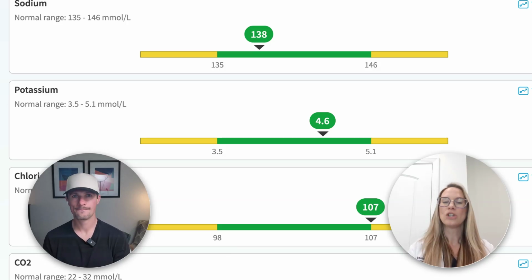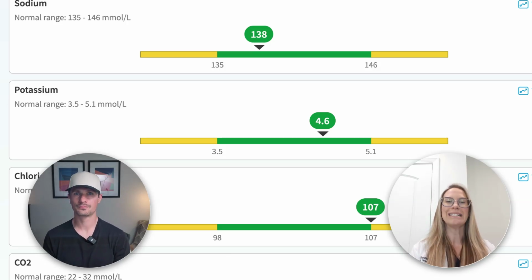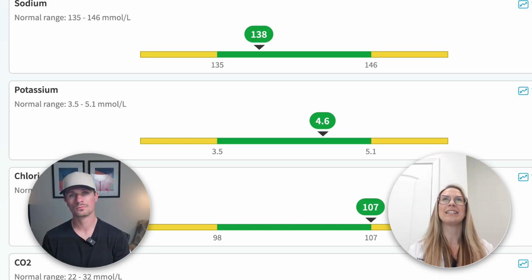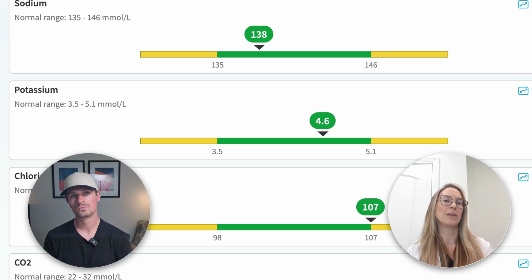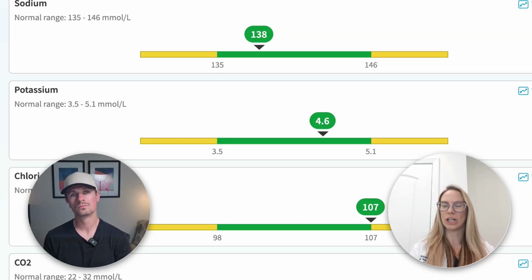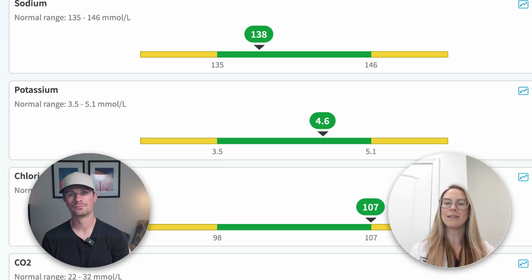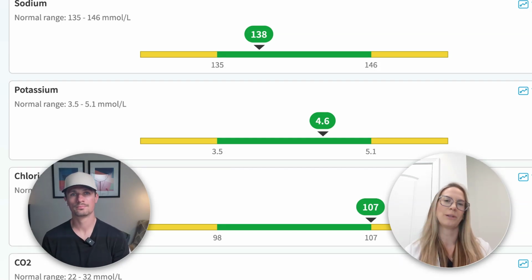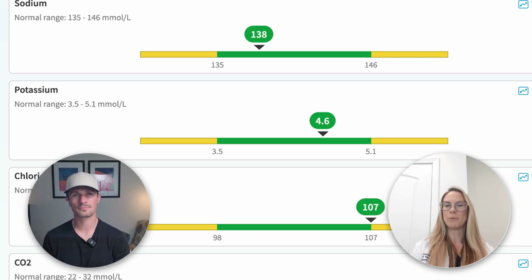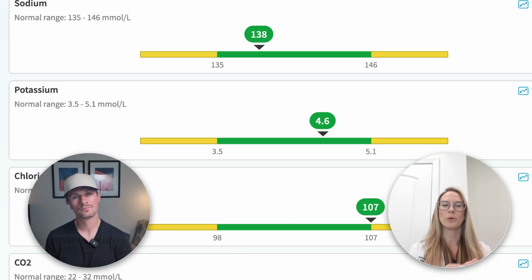When you have abnormal potassium, it can lead to cardiac arrhythmias like ventricular tachycardia and ventricular fibrillation. And so your potassium being normal is incredibly important from a cardiologist standpoint. We do give medications that try to keep your potassium normal, and we also give medications that can lower your potassium to help keep you in that normal range.